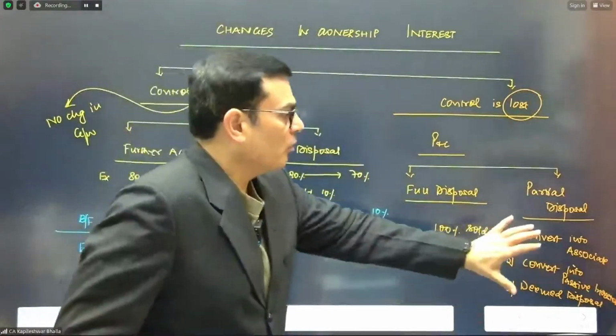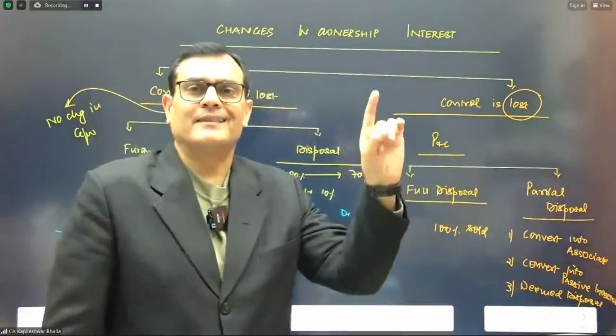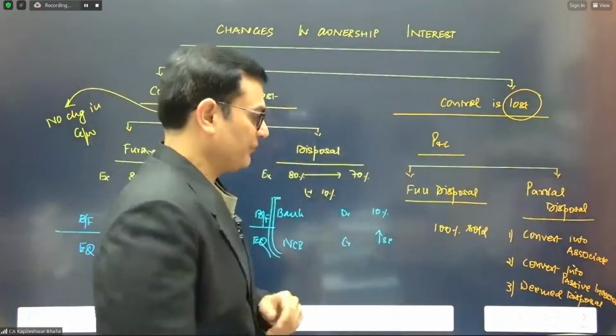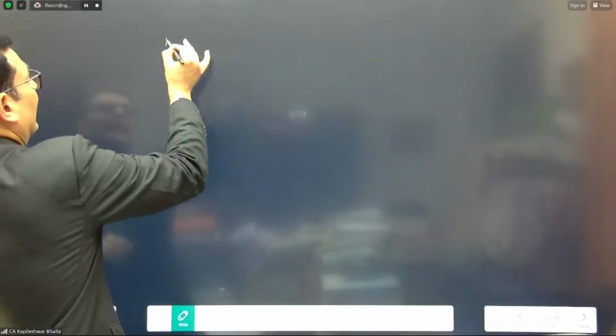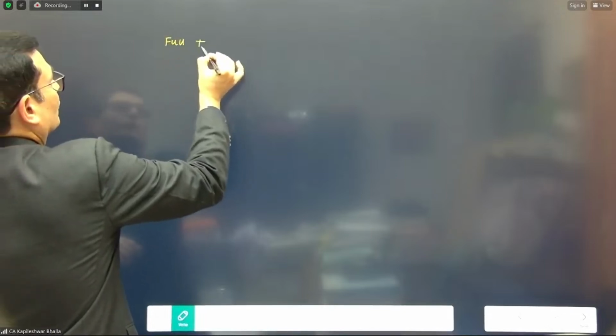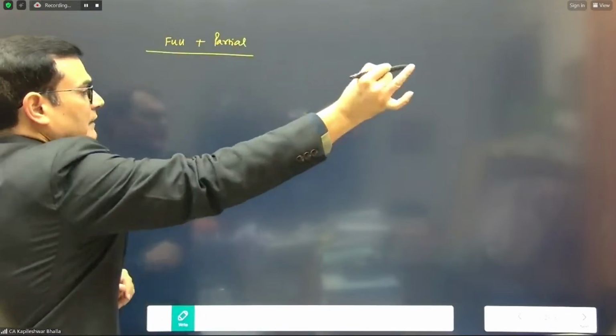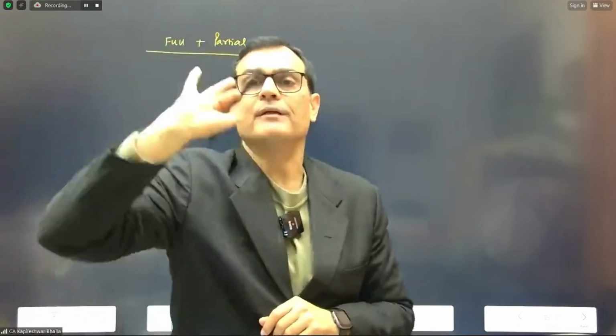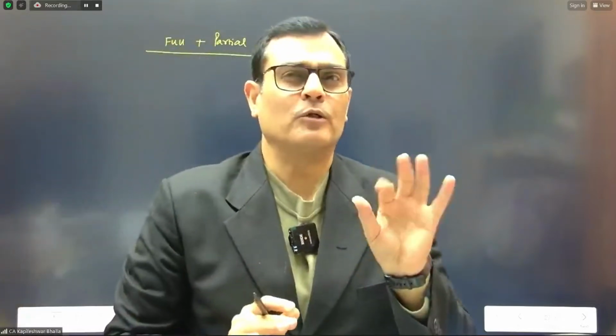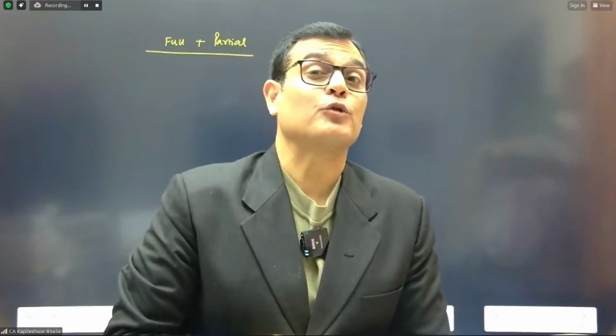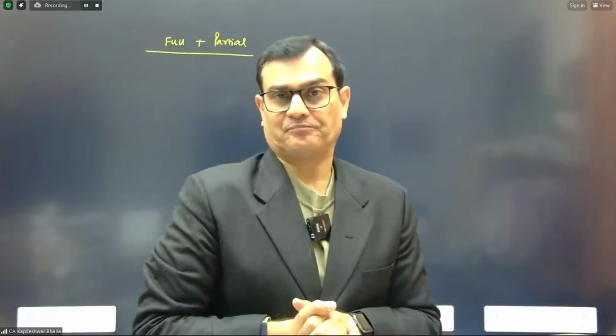So I'm going to consider all the 4 cases with you in a single entry. Watch this. When I'm looking at any permutation combination, whether you're looking at a full disposal or a partial disposal, converting into associate, passive investor, whatever. Remember the golden rule. And the golden rule is when a control came, you did Ind AS 103 acquisition entry.